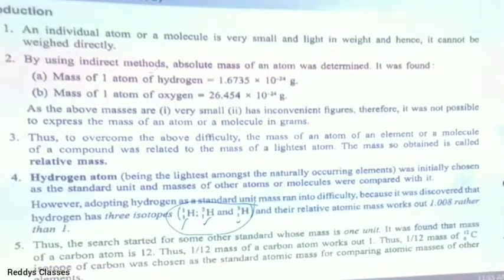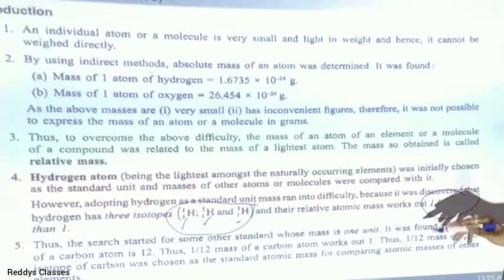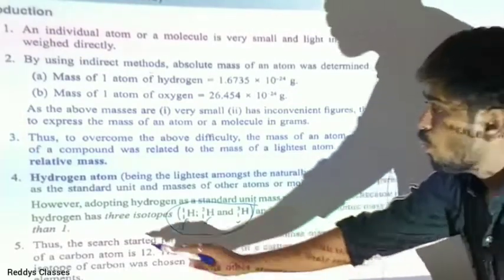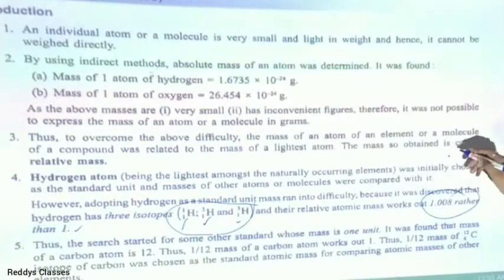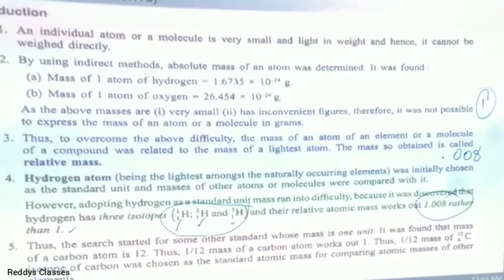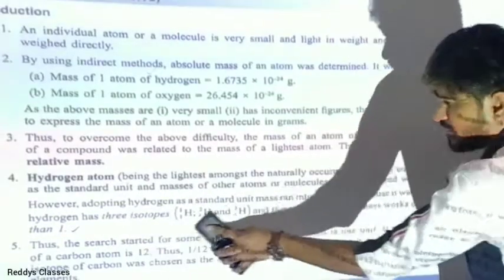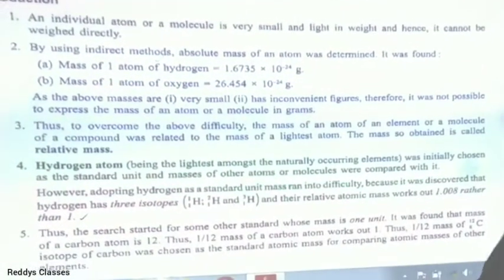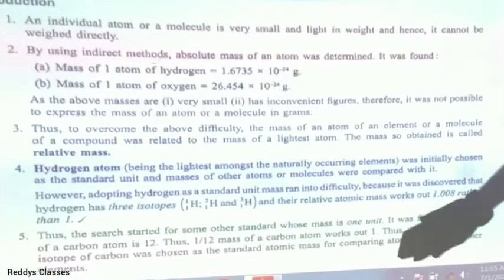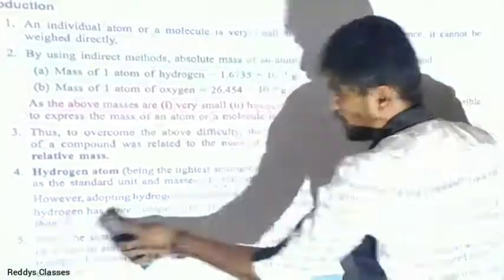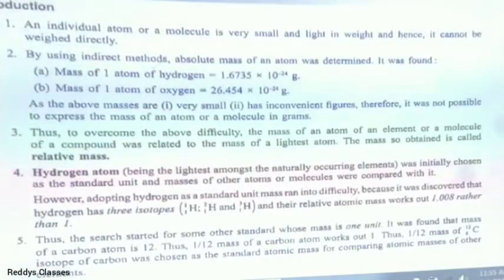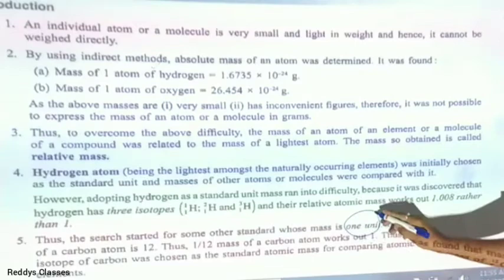Their relative atomic masses work out to 1.008 rather than 1, means it has 0.008 more rather than being 1. Okay, this was the problem that occurred there. So the search started for some other standard, some other method to resolve it, whose mass is 1 unit.